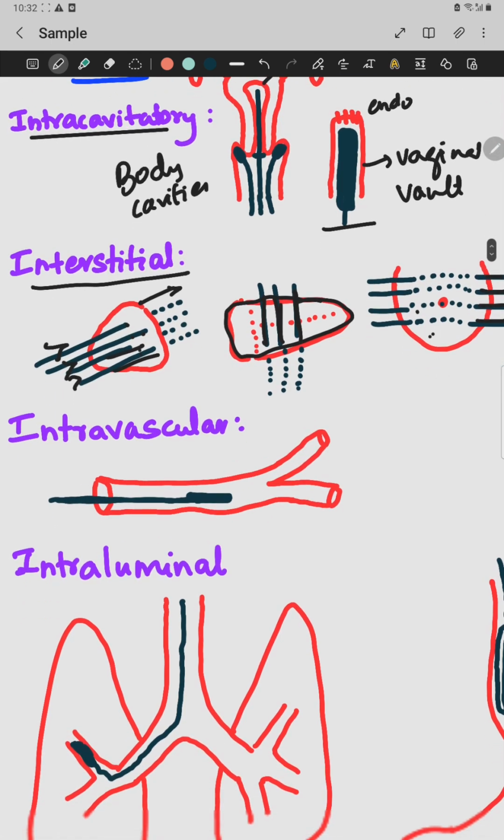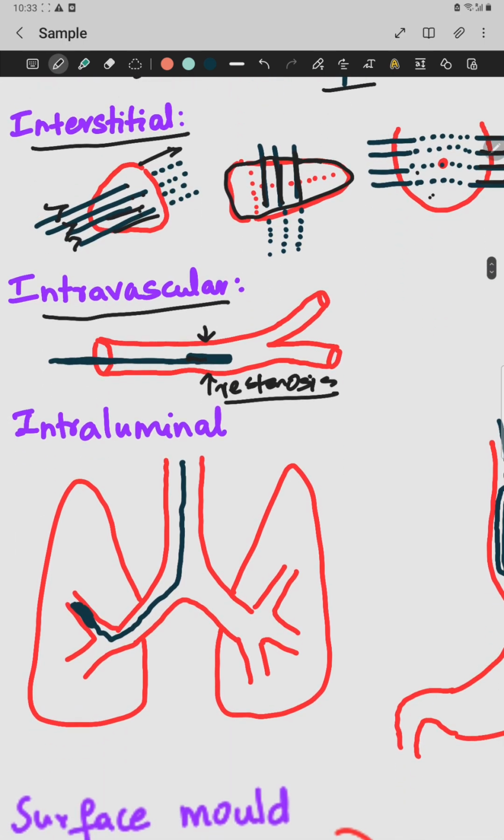Now intravascular is where needle catheters are inserted inside the artery, in cases where stenosis is very common, to prevent restenosis. Now intraluminal is natural lumens, so natural tubes.